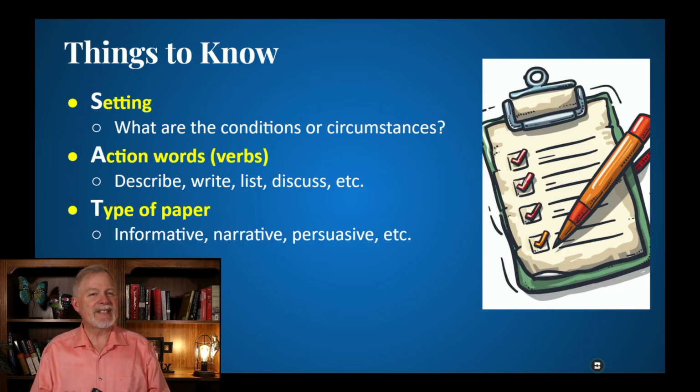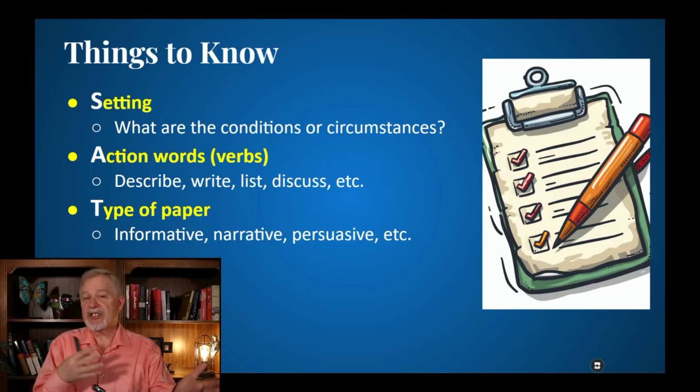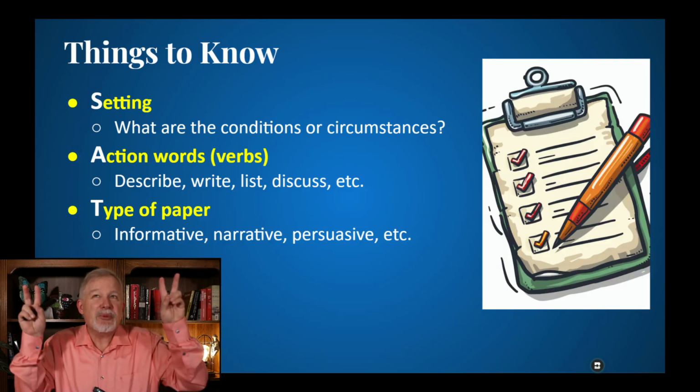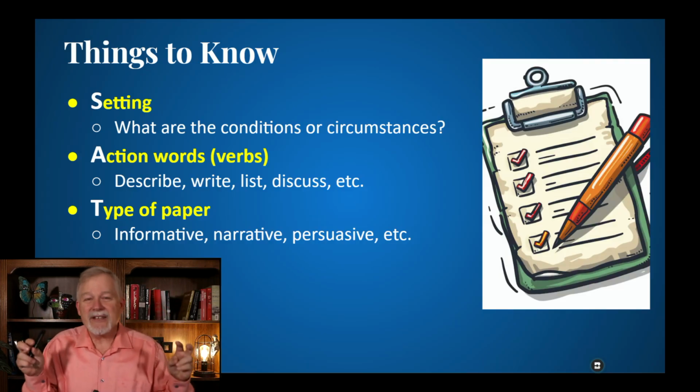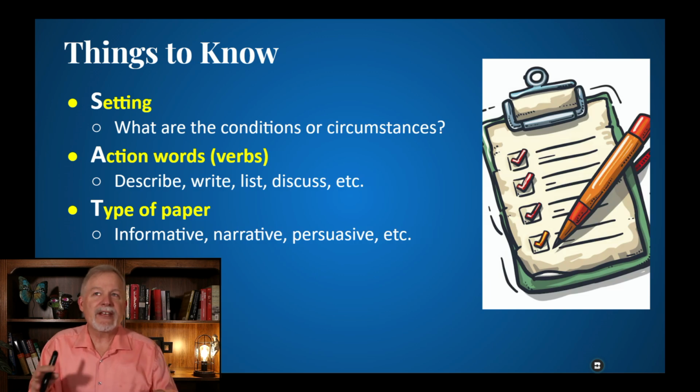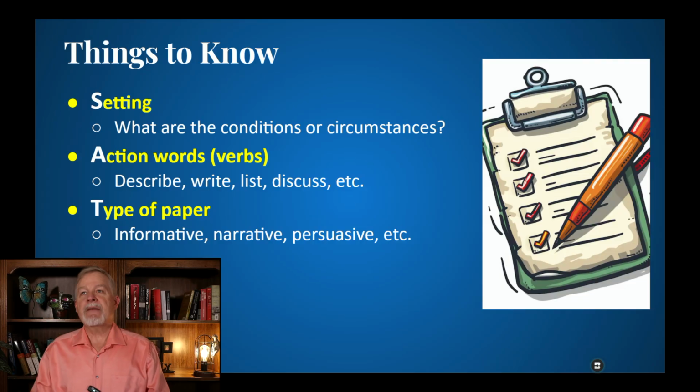So SAT, what is S? S is setting. That's the conditions or the circumstances. It's the pretend situation that the writers of the test are going to try to put you in. So, for instance, they might create a setting where you and your 2 other classmates are going to the library to do a research project.